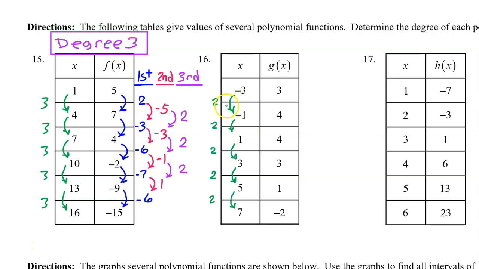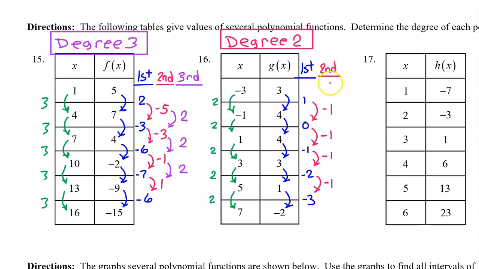For number 16, we see a common difference between the input values, so we can use the shortcut again. The first differences are not constant, so this is not degree 1. However, the second differences are all negative 1, a constant, so g of x is degree 2.